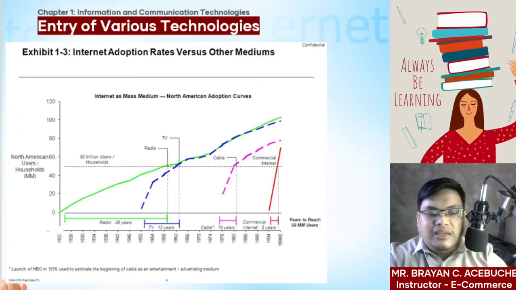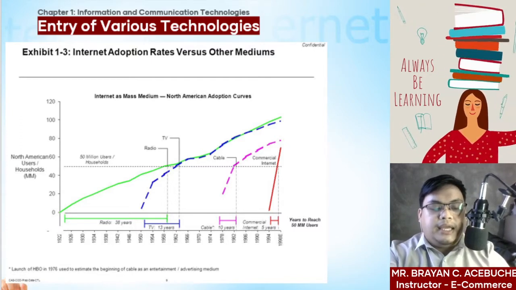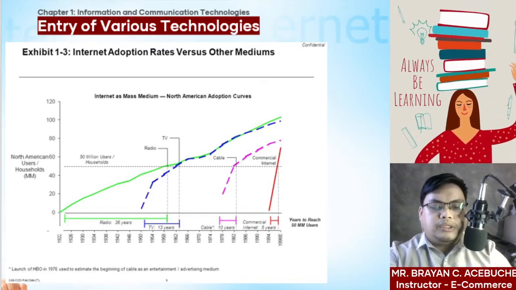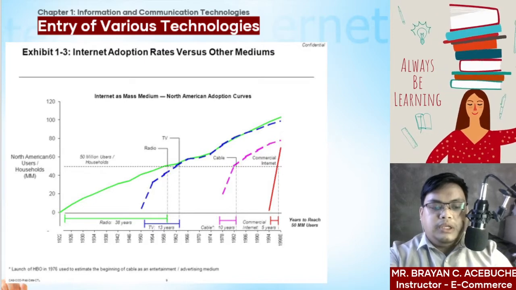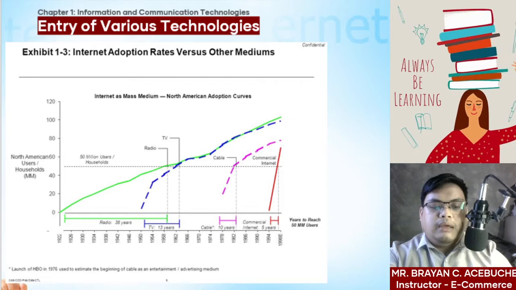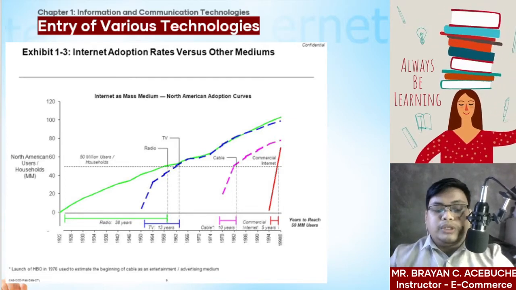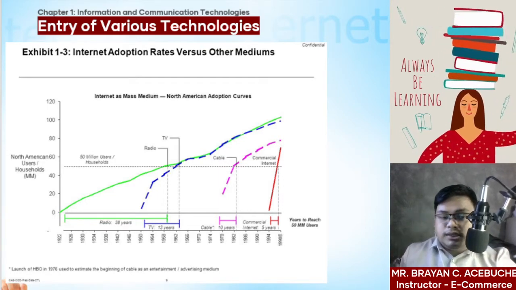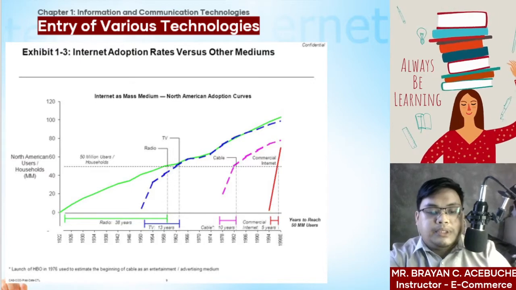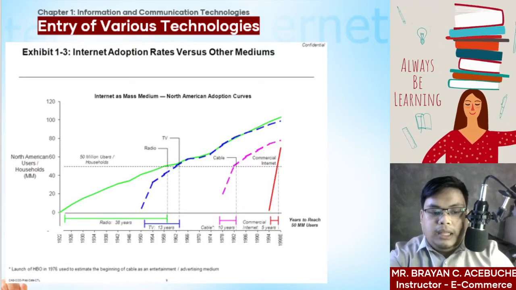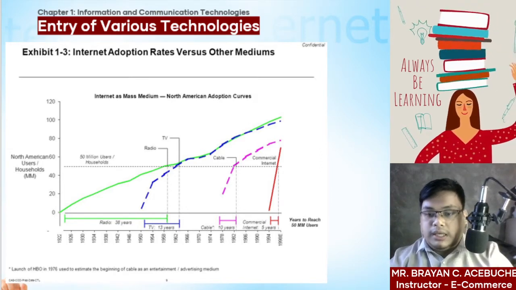And cable TV, which was introduced in the 1980s, took only a lapse of about 10 years to reach a level of 50 million users. And surprising and meteoric is the growth and level of adoption of the internet technology, which was introduced only in the mid 1990s, as it took only a lapse of about 5 years to reach the level of 50 million users. Look at this image.